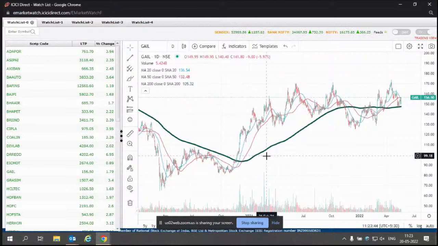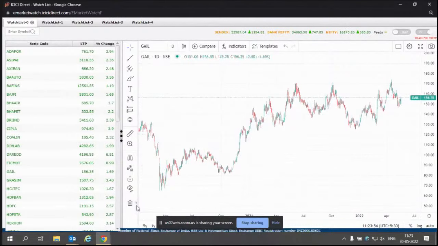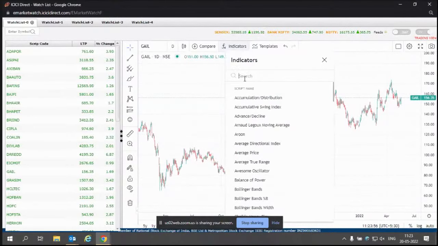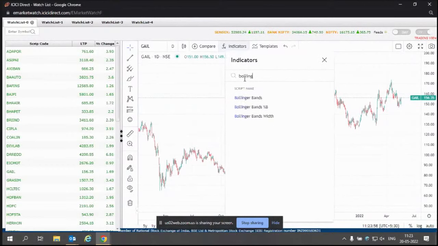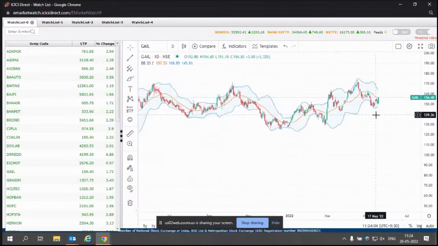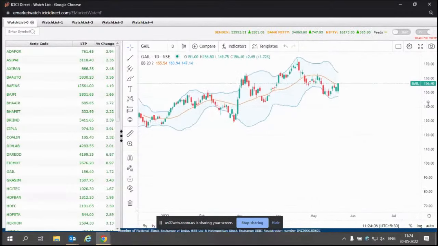Next, again most popular, is Bollinger Band. Wait, can you go with the chart? Yeah. So what is Bollinger Band? Bollinger Band helps to determine whether the price is high or low on a relative basis.